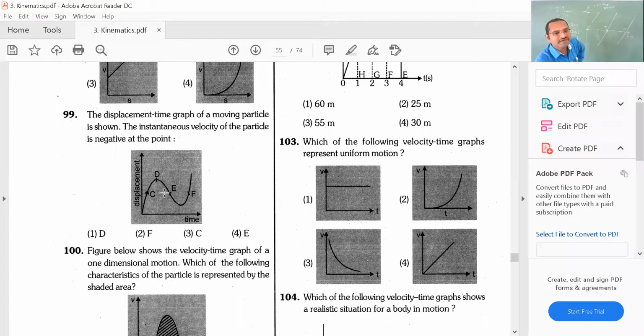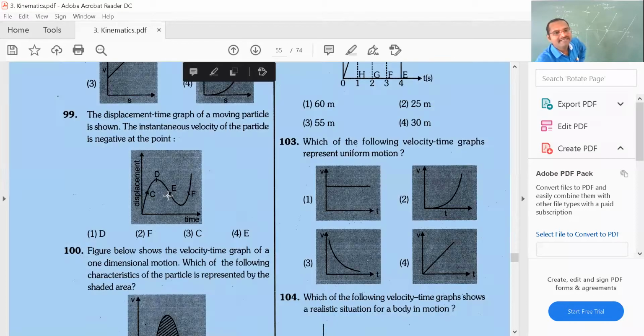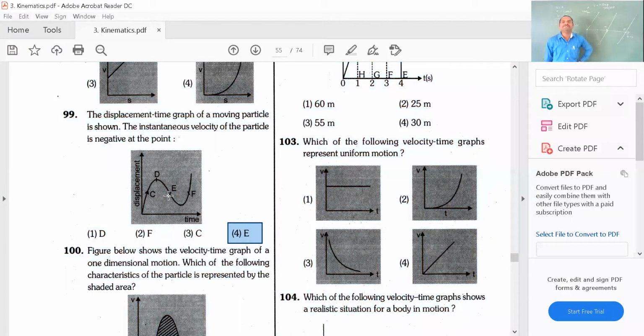At point C, positive slope. At point D, zero slope. At point F, positive slope. Whereas at point E, negative slope. So the answer is 4, E, because at point E the slope is negative.